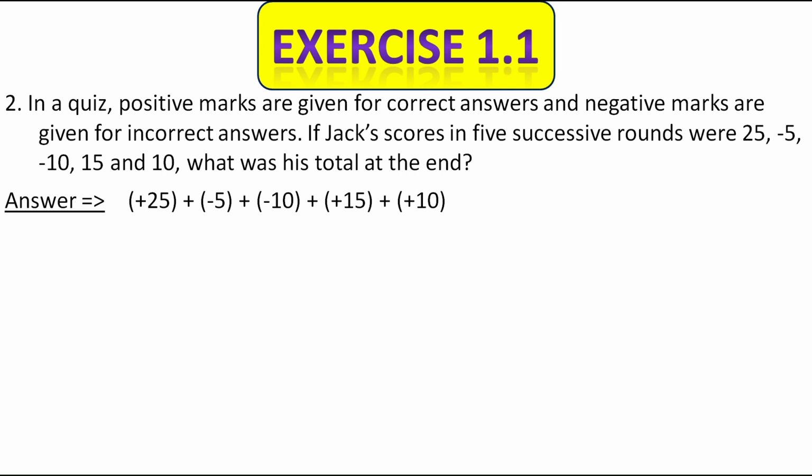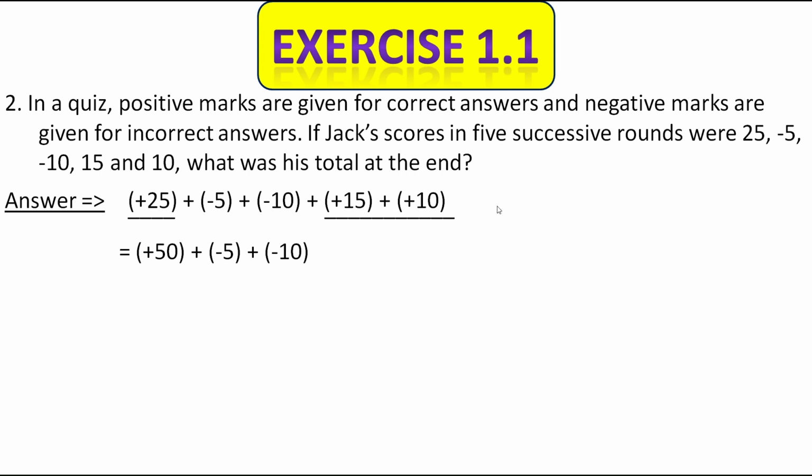Now when we compare, we understand that these three numbers have the same sign, that is positive, and these two numbers have a negative sign. So we will make a group of these three numbers, and we will keep these two numbers as they are first. So we got the answer for these three numbers as plus 50. Why plus 50? Because all of them have the same sign.